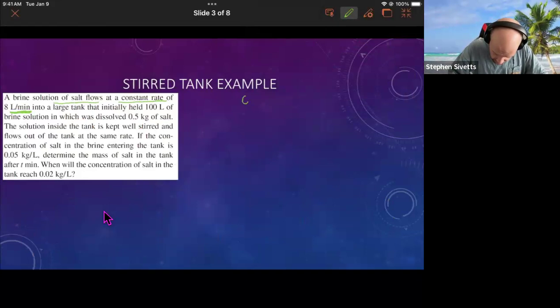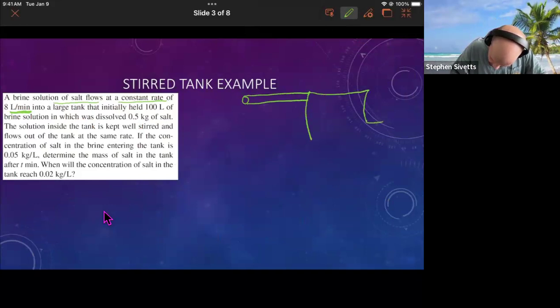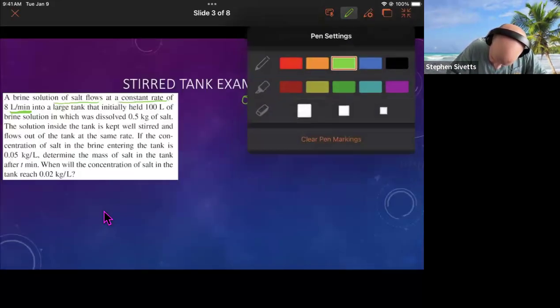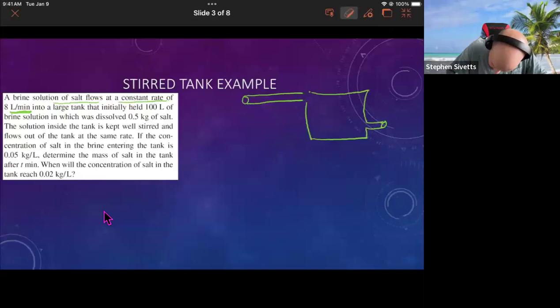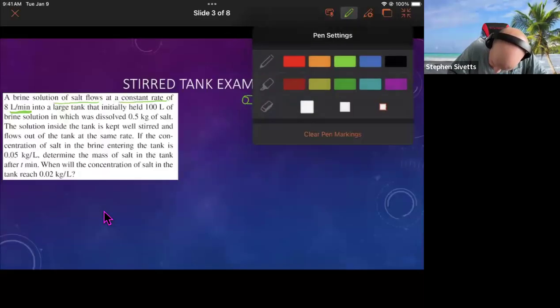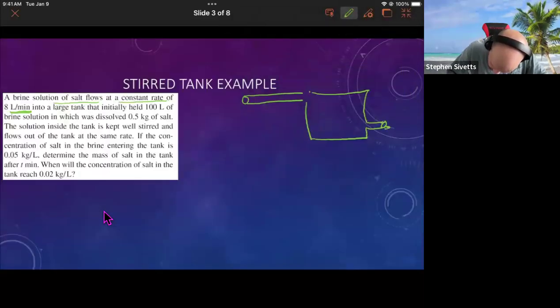So if I have a tank here, and there's the outflow pipe here, and let me erase that. Okay, so here's my tank.